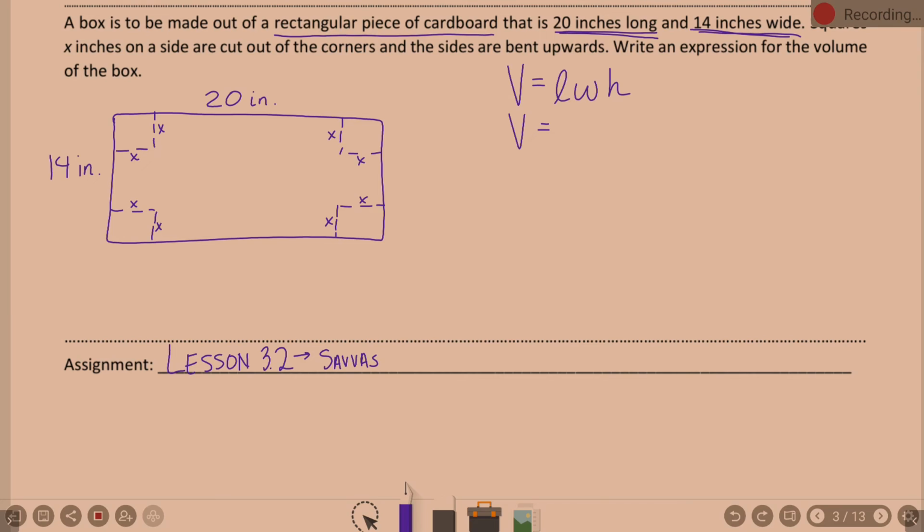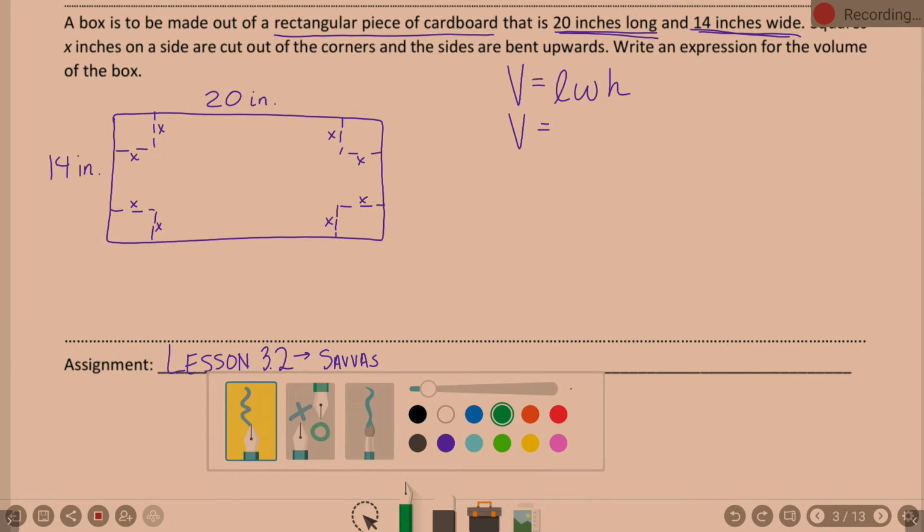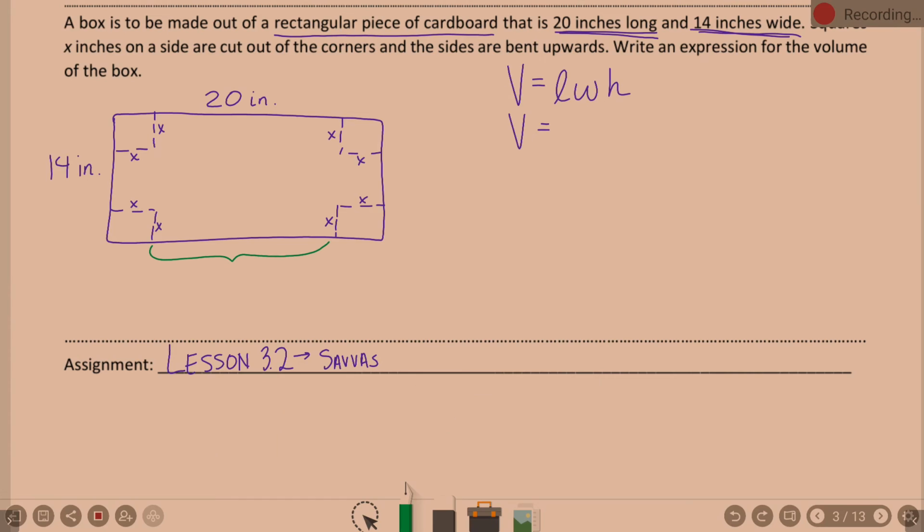I need a length of this box. The length of the paper was 20 inches, but we don't know the X value, so we're just going to use X. I want to know this length from there to there, basically.